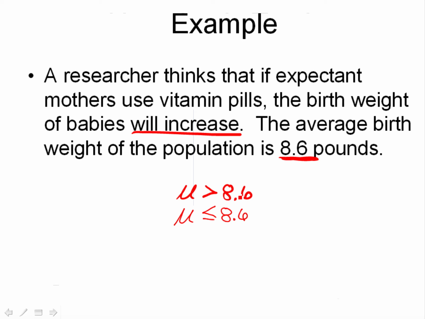Remember that the definition of the null, the definition of the H sub 0, says that there is no difference between the values. All right, well, what does no difference mean? No difference means that they're the same. In other words, that they're equal.